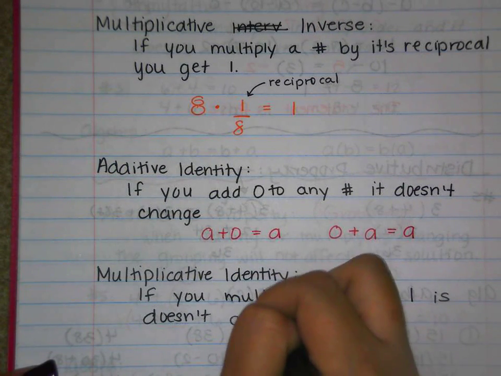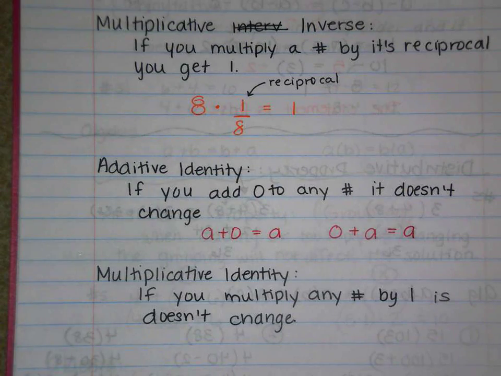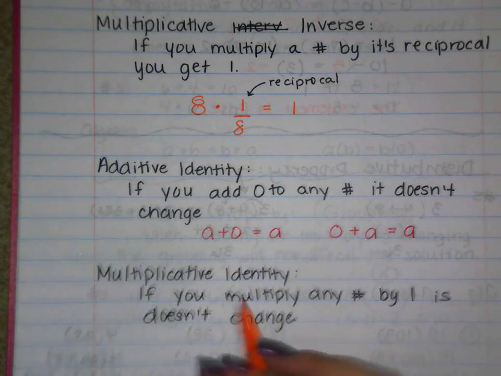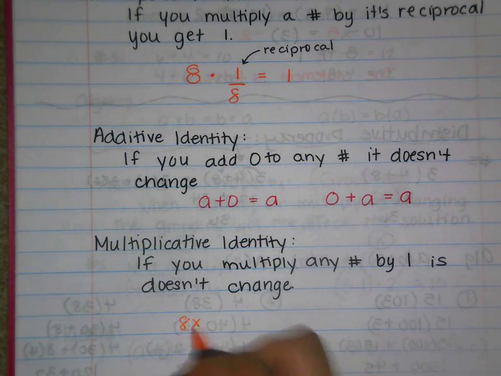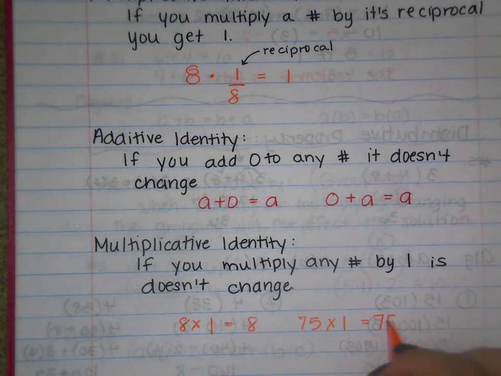And you're going to see these examples and be like, I already knew that, but now you know what the identity property is called. So 8 times 1 equals 8, or 75 times 1 equals 75.